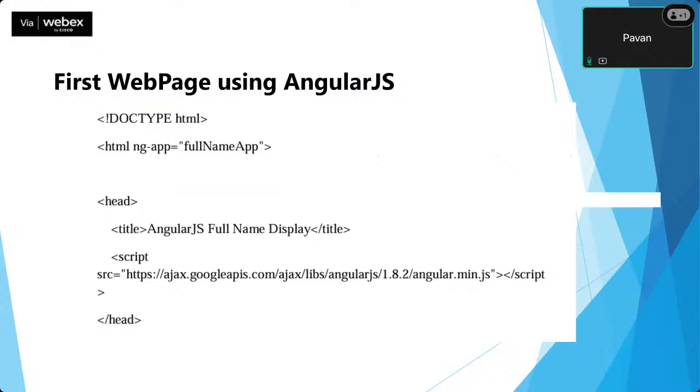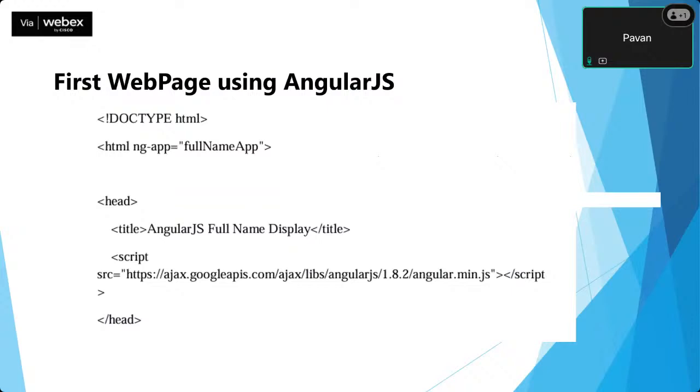And after that, html ng-app. As I said before, what is this? ng-app is a module or application where we'll mention the name of the application, that is fullNameApp. So here we have created a module or application named fullNameApp.